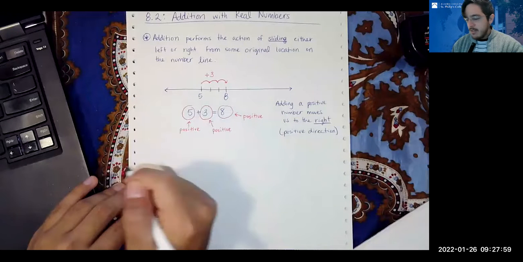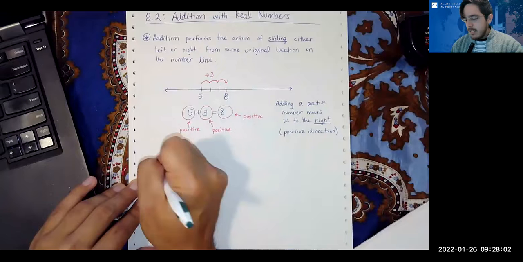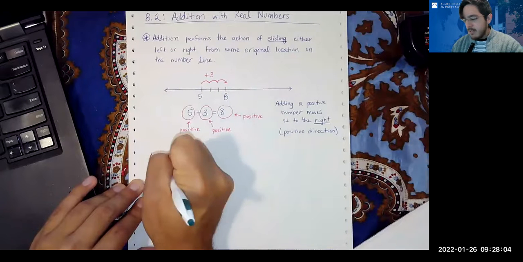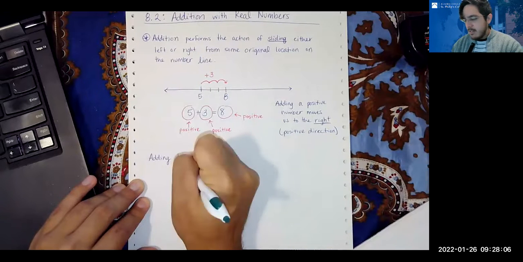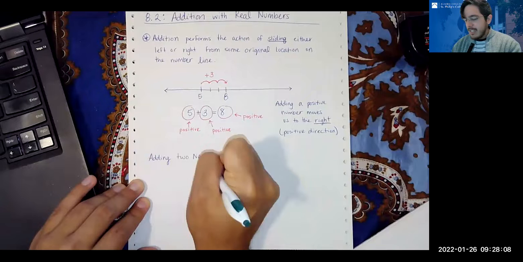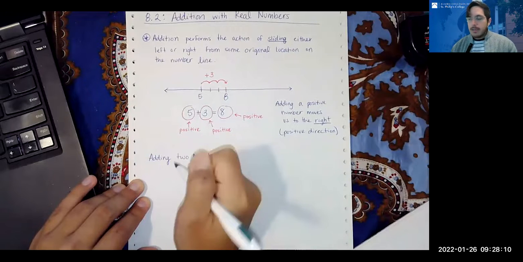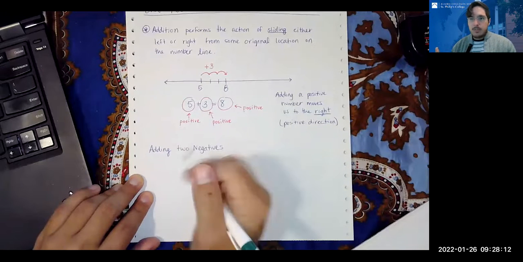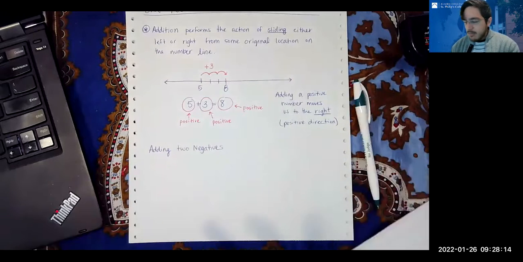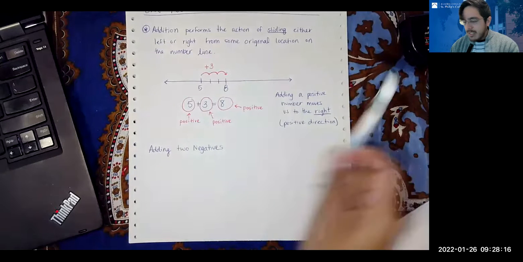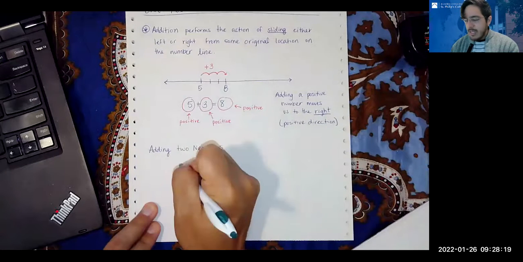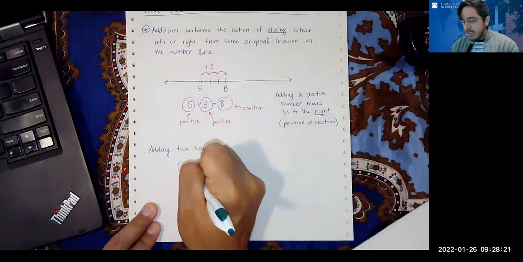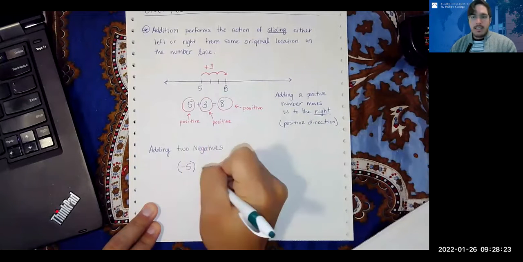But now, let's add 2 negative numbers together. Let's say, and you don't want to get confused by this, a lot of times you will see in parentheses, we'll put -5 plus -3 like this.